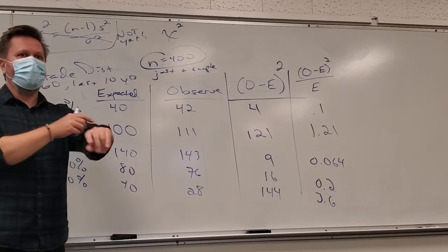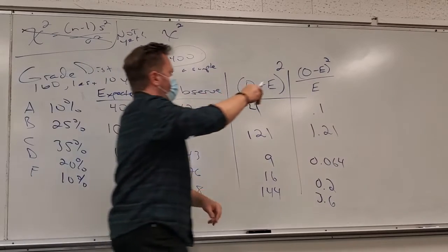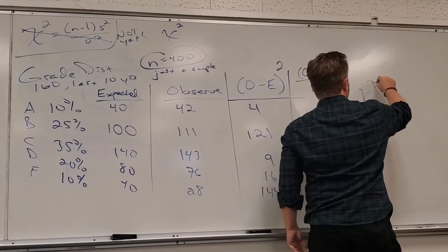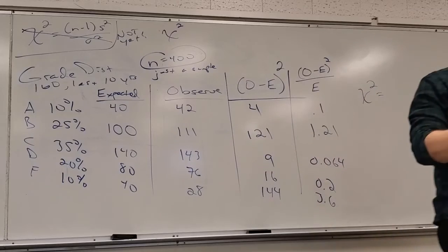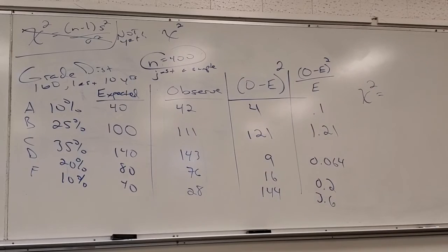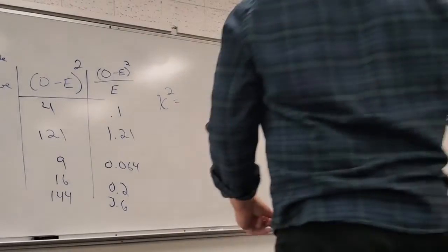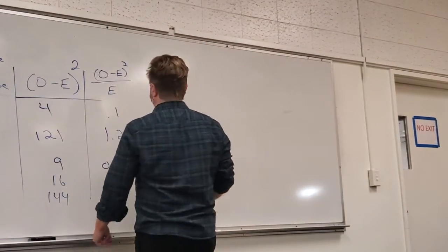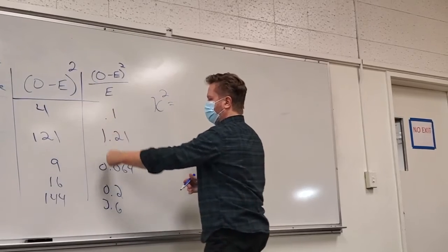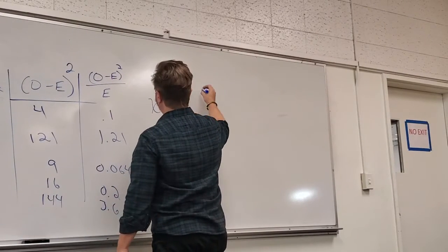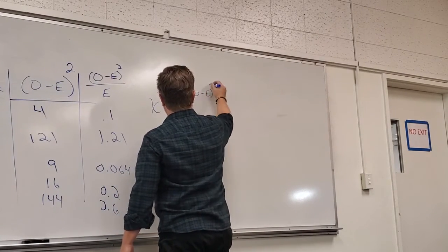And I just gave away how the chi-square comes into play. Chi-square is fundamentally the sum of squared data points. So each of these are data points, so I'm going to sum up all of these things.